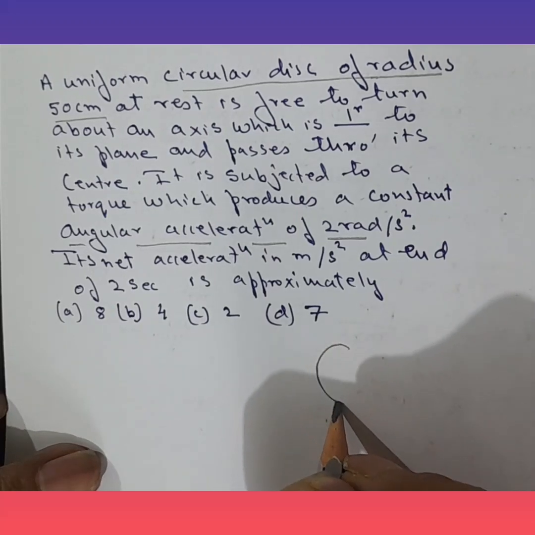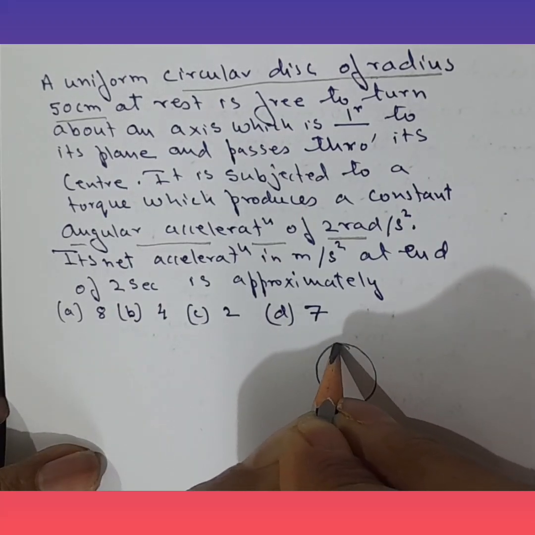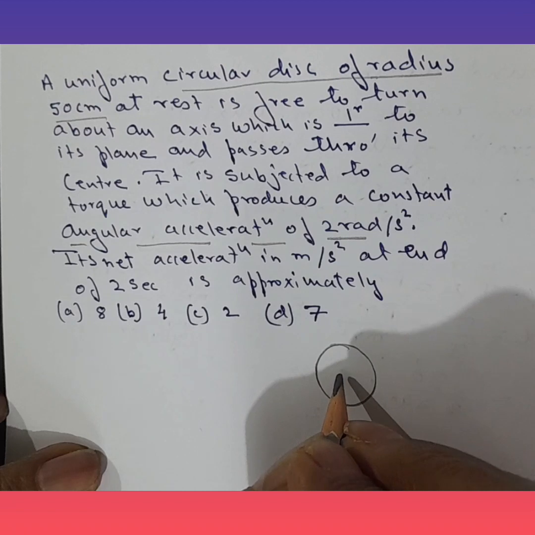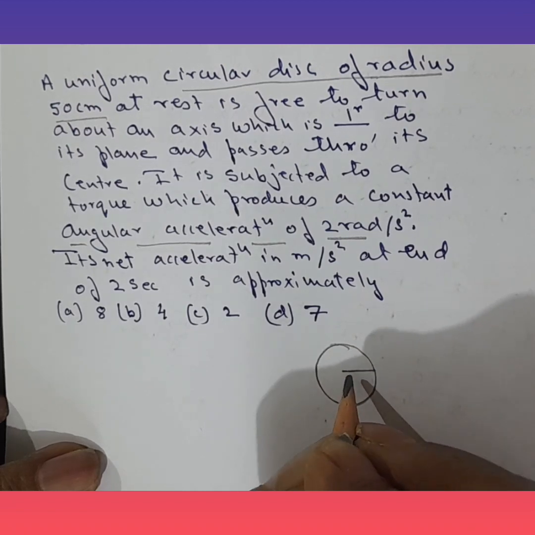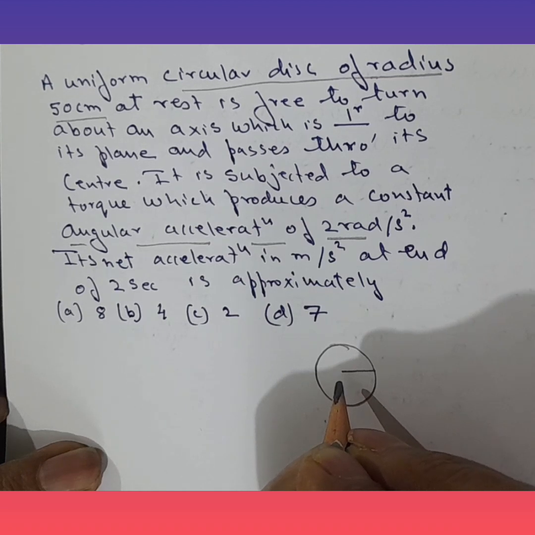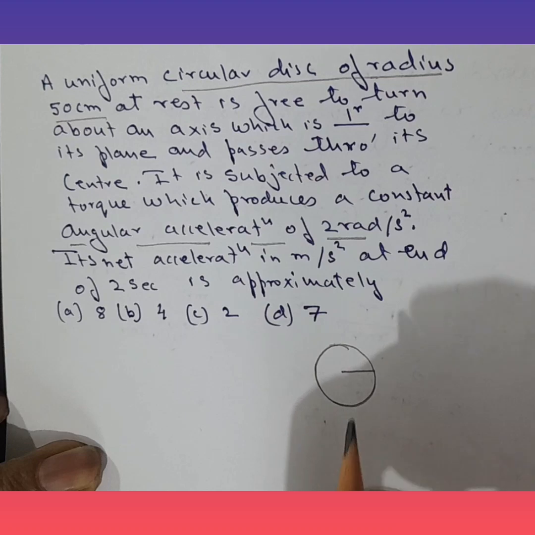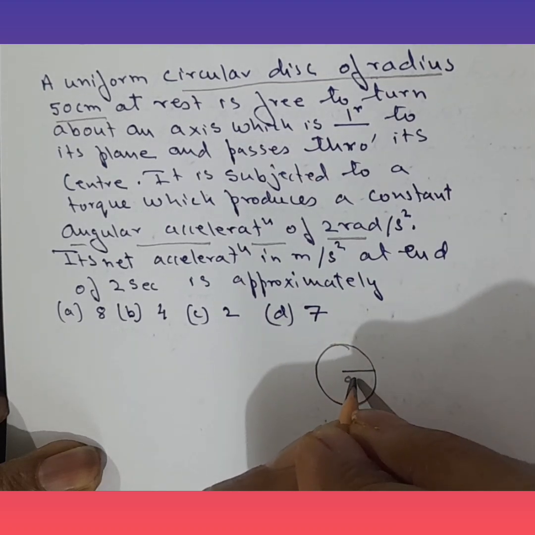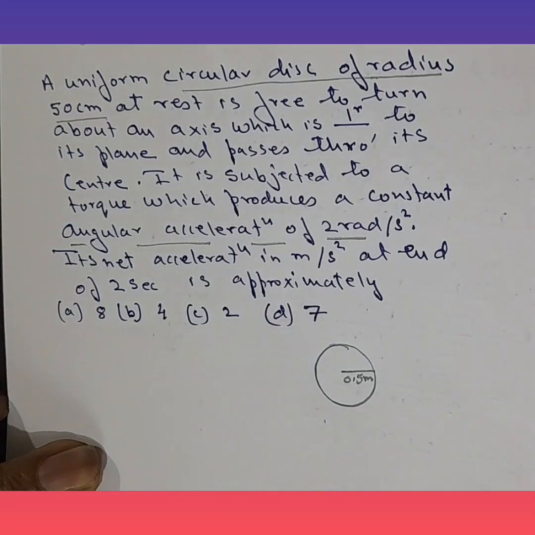If I draw a circle over here, good. So radius is 50 centimeter. Now obviously 50 centimeter doesn't make any sense in SI unit, so we have got to convert it into meter. So 0.5 meter is the radius. All right, free to turn about.